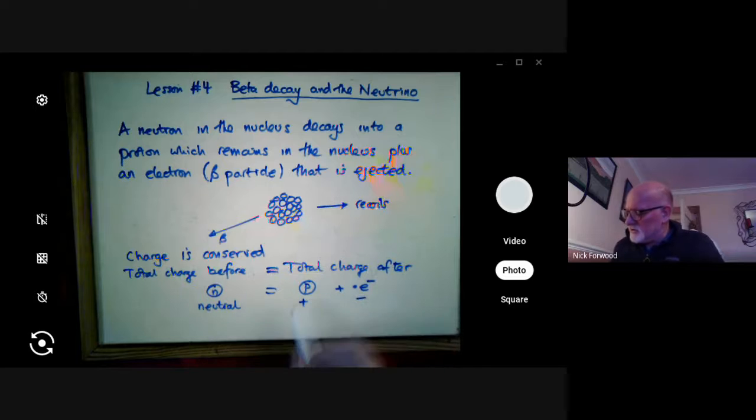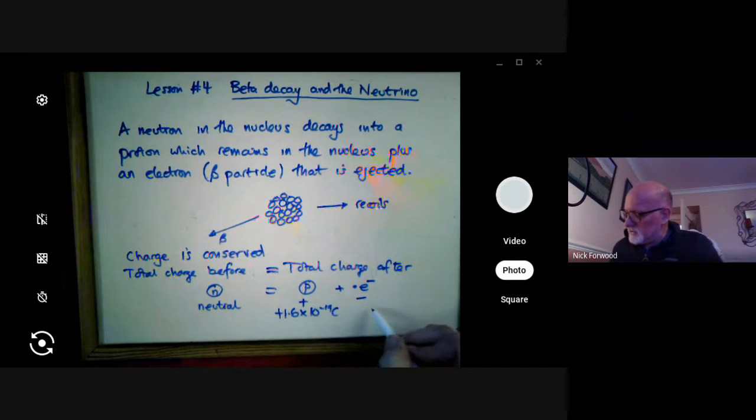Now the charge on the proton we know is plus 1.6 times 10 to the negative 19 coulombs, and the charge on an electron is negative 1.6 times 10 to the negative 19 coulombs.